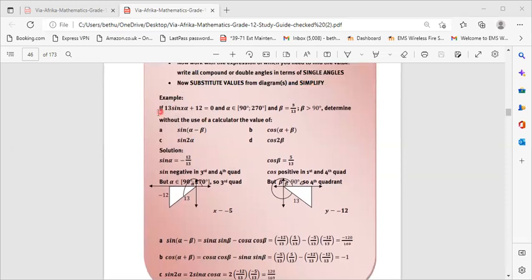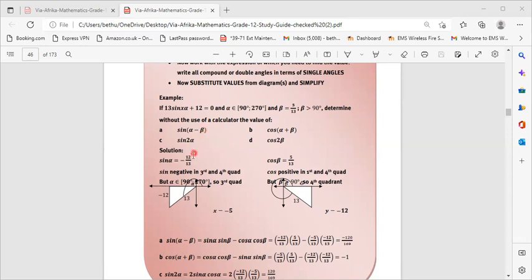So the example I said, let me just repeat what I said. They're saying if 13 sine alpha plus 12 is equal to 0, and cos beta is equal to 5/13, then we need to solve for sine alpha minus beta.